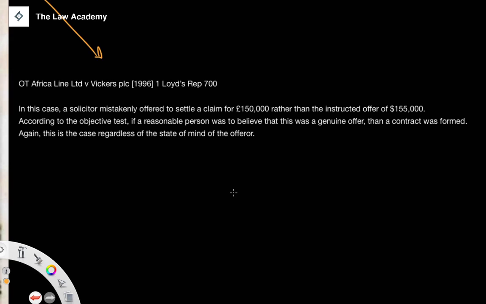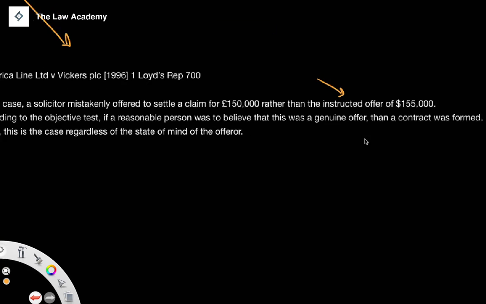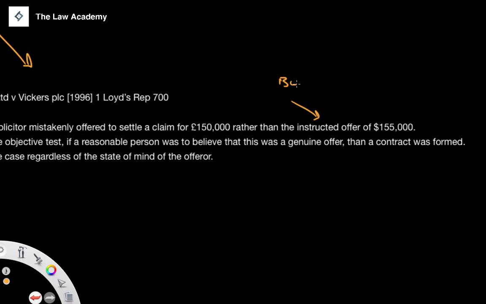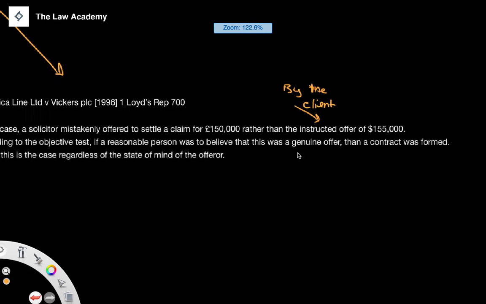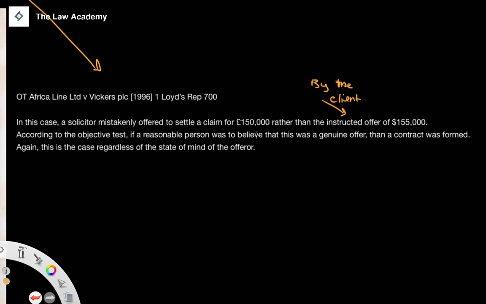A solicitor had mistakenly offered to settle a claim for £150,000 rather than the offer that was instructed by the client. The offer was in reality $155,000. So not only was the price wrong, but also the exchange rate was wrong.